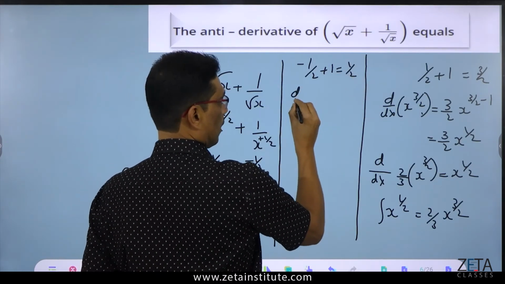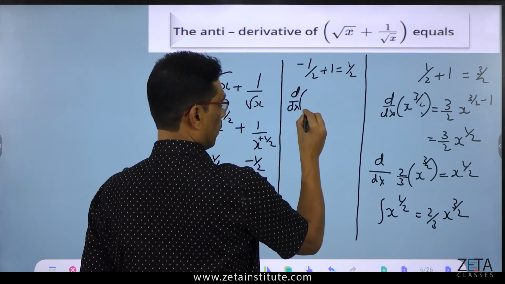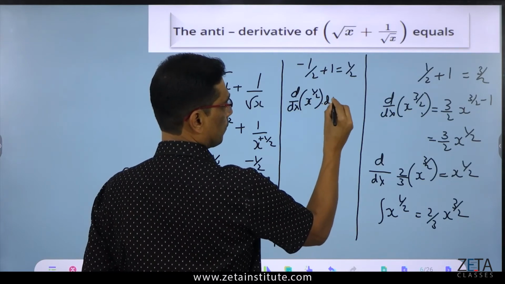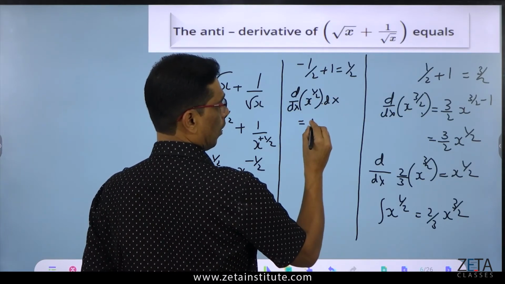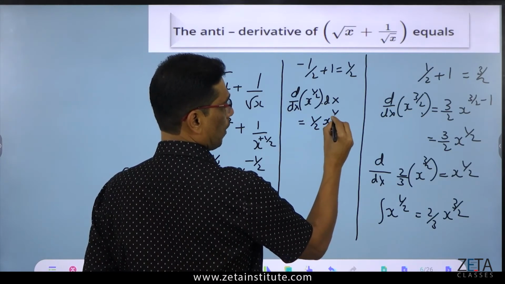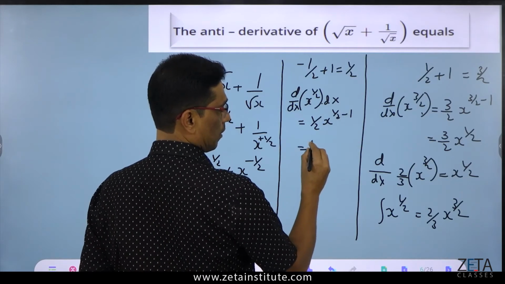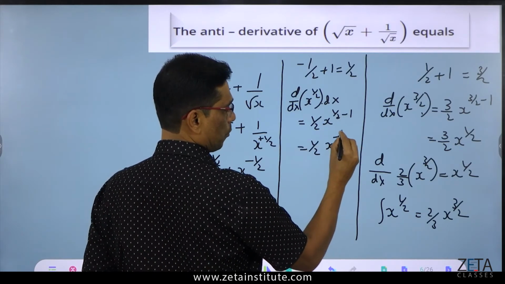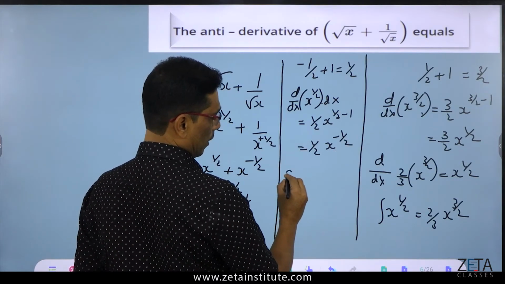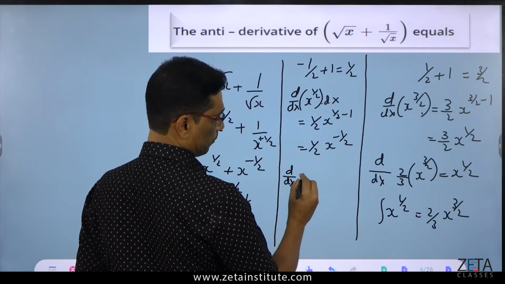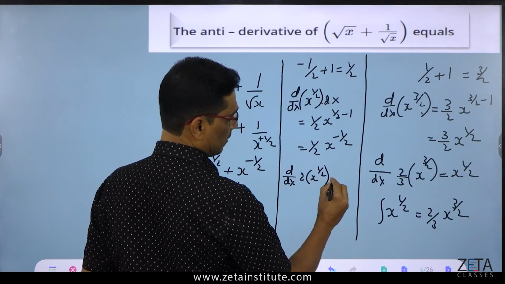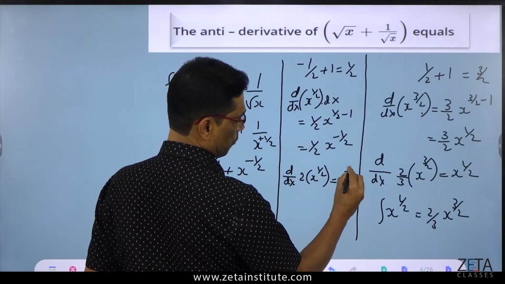That means dy by dx of x raised to 1 by 2 is half into x raised to 1 by 2 minus 1, that means half into x raised to minus 1 by 2. If I take it to the other side, dy by dx of 2 into x raised to 1 by 2 is equal to x raised to minus 1 by 2.